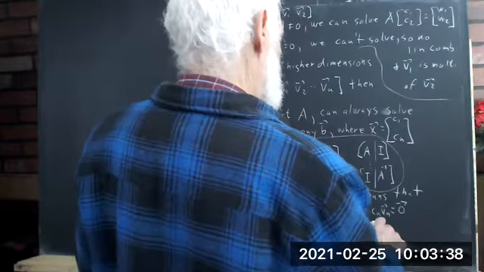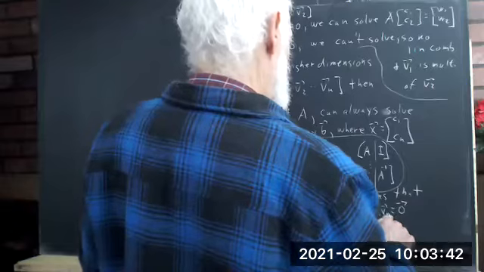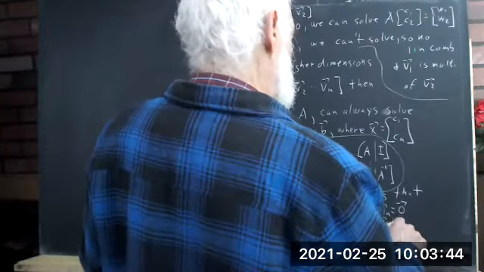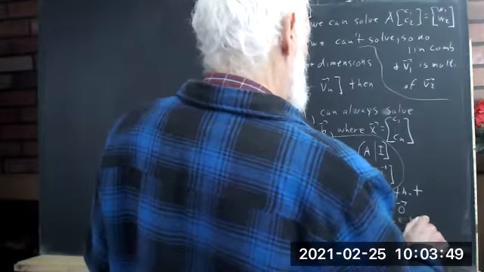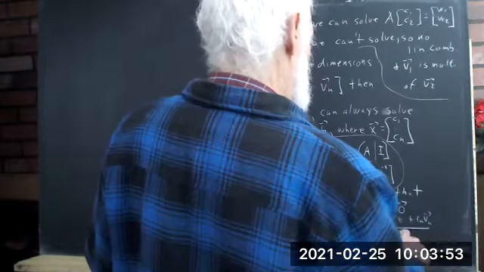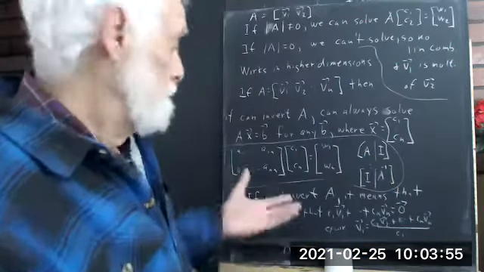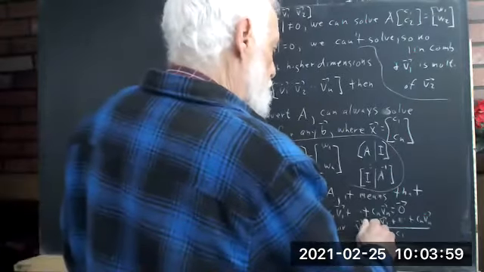V1 equals negative of C2 V2 all the way out to Cn Vn, divided by C1.